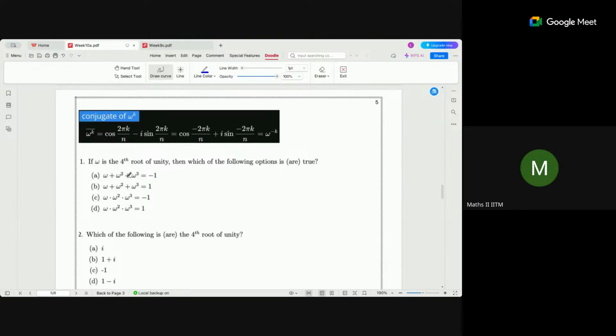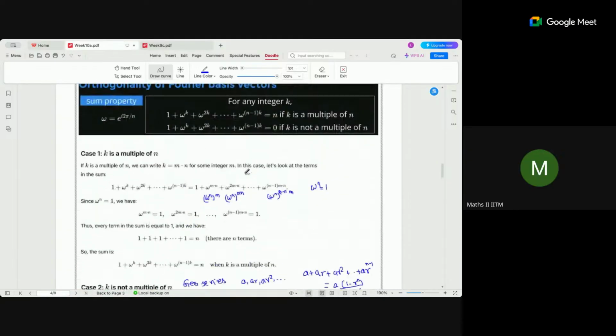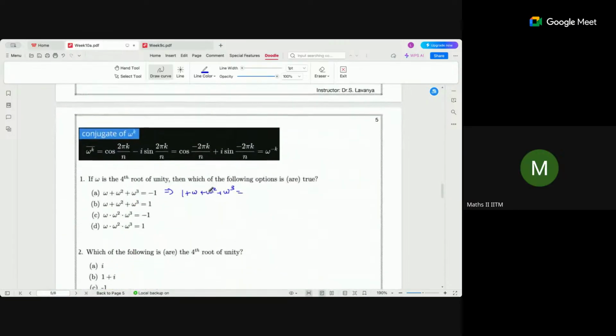So here, this statement, when you rewrite, you can write as 1 plus omega square plus omega cube. What do you already know about the nth root of unity when k is not a multiple of n? Here k is equal to 1.